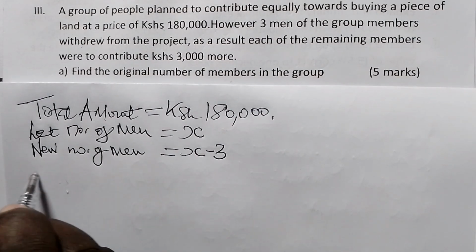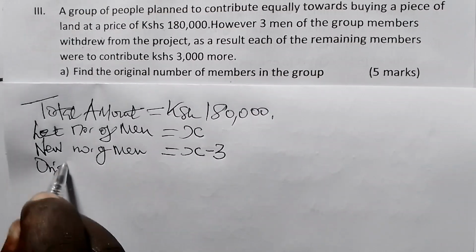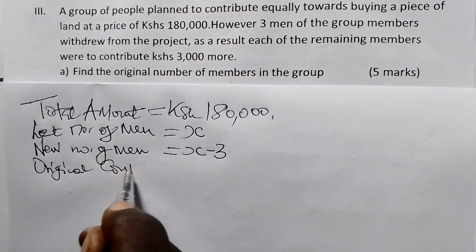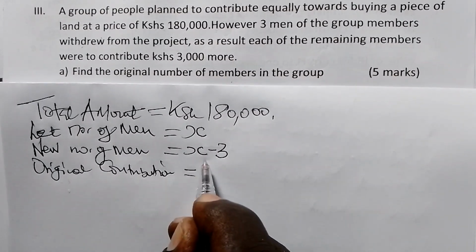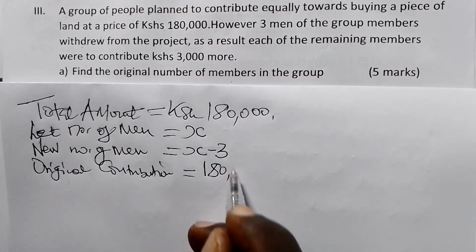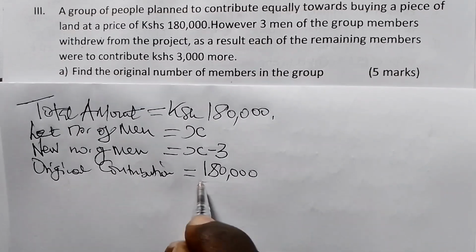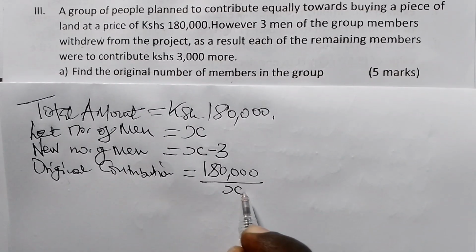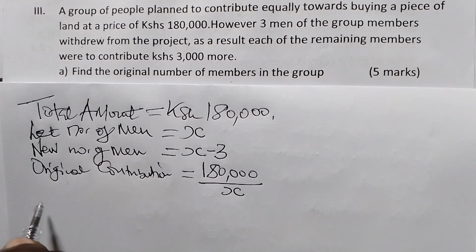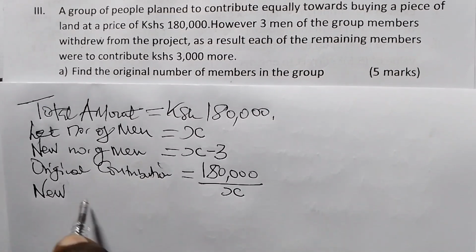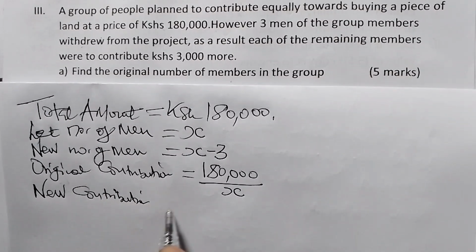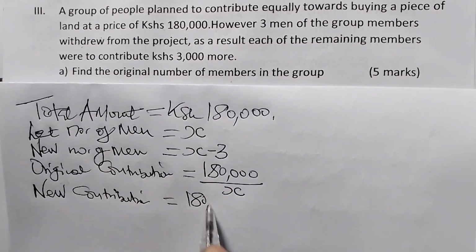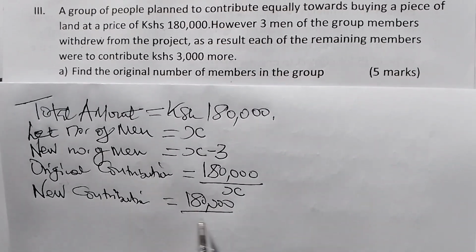Therefore, the original contribution will be given by 180,000 divided by X. The new contribution will be given by 180,000 divided by X minus 3.